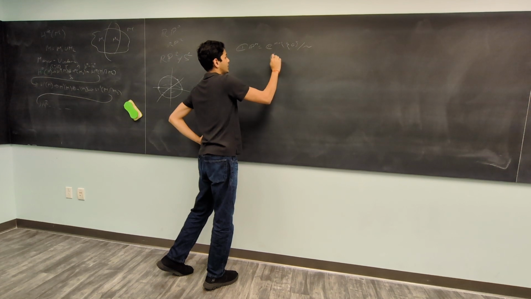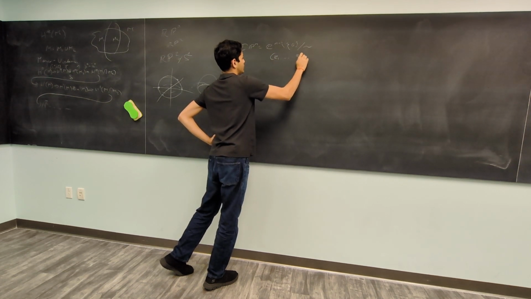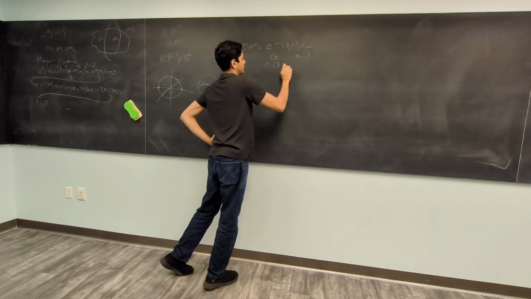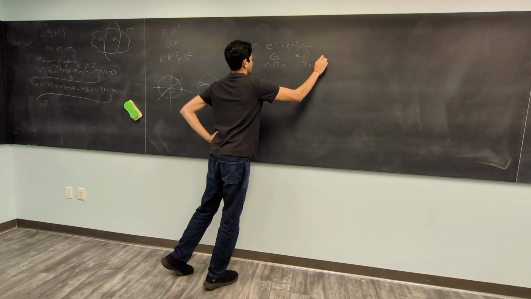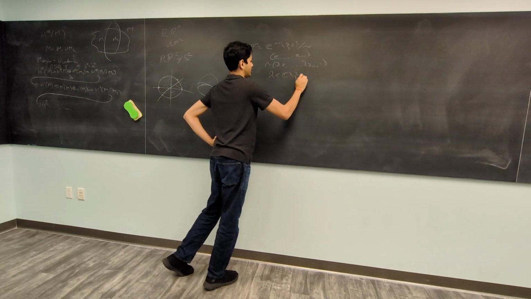So again, now we have (z1, ..., zn+1) is equivalent to (λz1, ..., λzn+1), where now λ can be any complex number except 0.